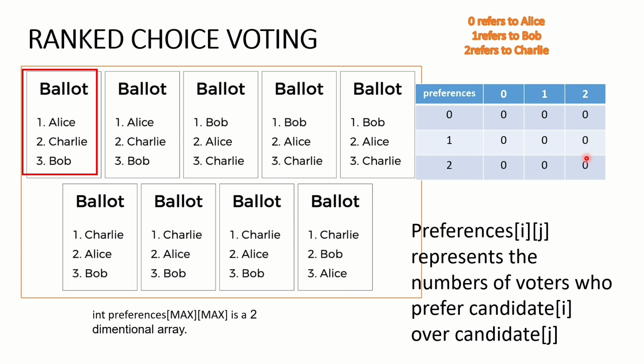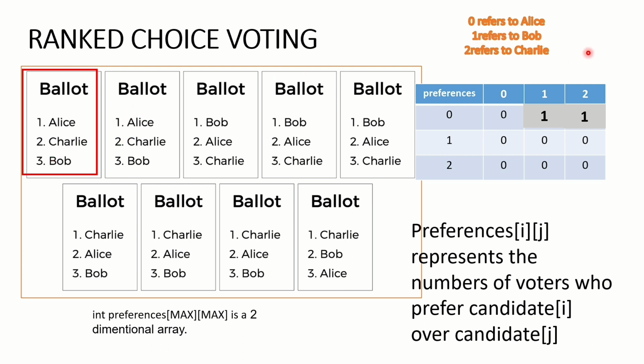Preference[0][2] should be 1, and then rank 0 and rank 2 should be 1. So actually preference rank 0 is Alice and rank 2, that is Bob, should be incremented by 1, because rank 2 is actually 1, because it is Bob.